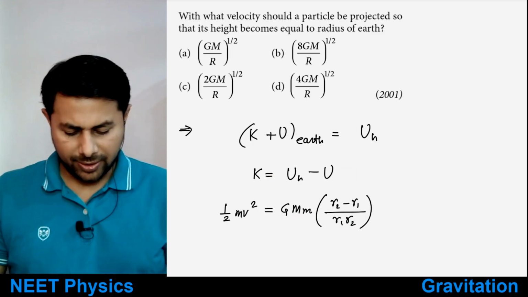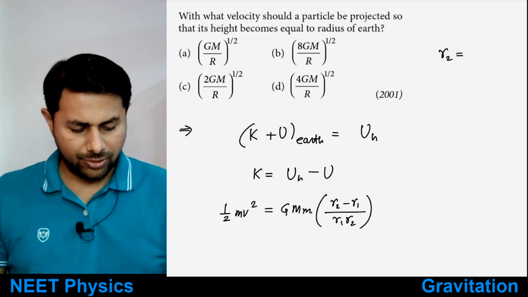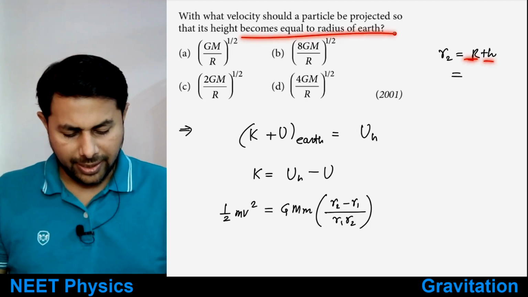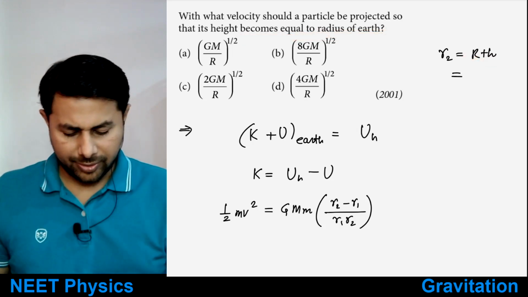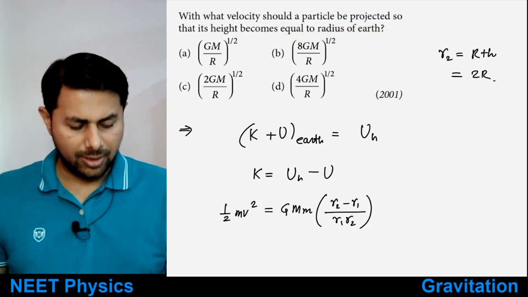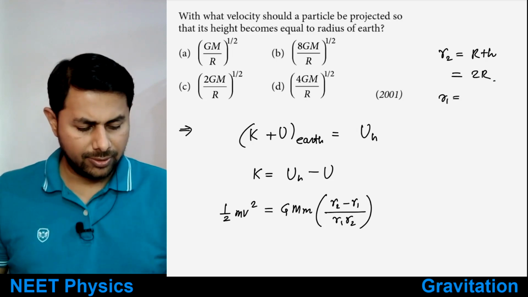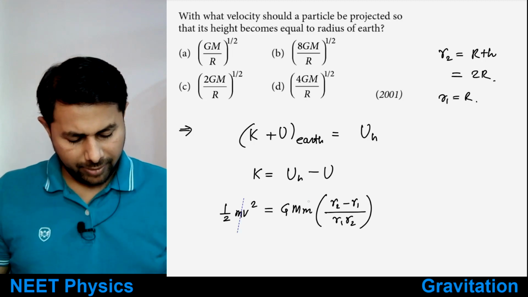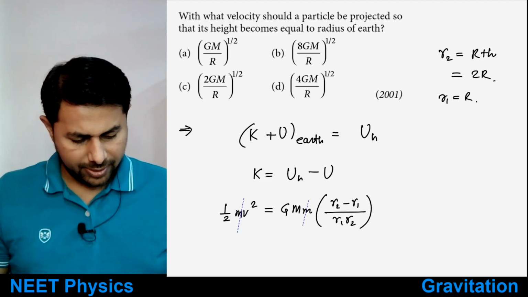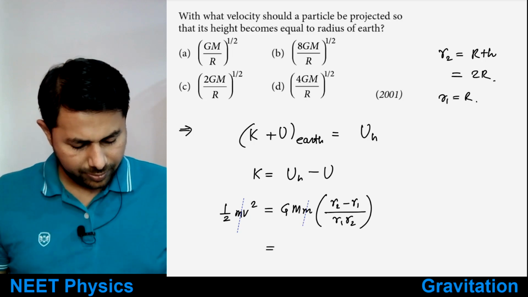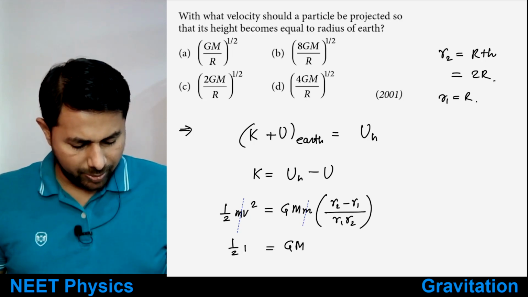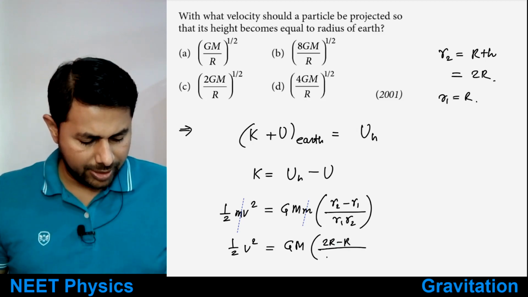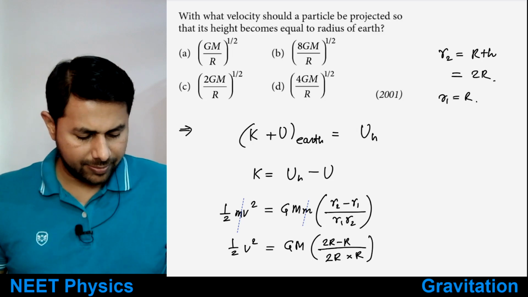So we can substitute values there. What is r2? r2 is equal to r plus h, and since the height is equal to the radius of Earth, that is equal to 2r. And r1 is equal to r. So let's substitute. The m gets cancelled, so half of v square is GM multiplied by (2r minus r), and in the denominator you have 2r times r.